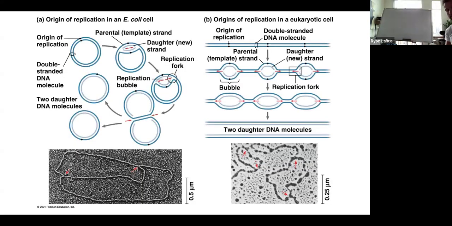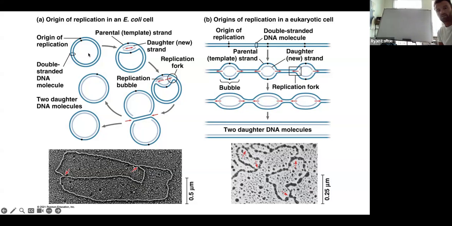So if you take a look at this really cool slide that distinguishes the difference between replication origins in E. coli, for example, versus a eukaryotic cell. I like this image because you can see, first of all, that bacterial chromosomes, prokaryotic chromosomes, DNA molecules, are circular.